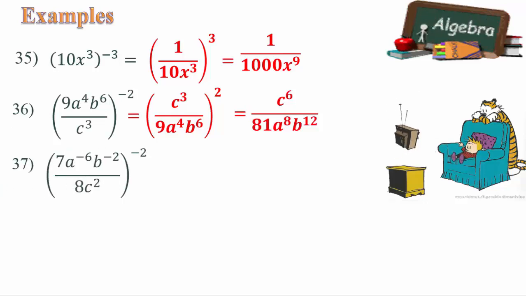In number 37, I have here a lot of negative exponents inside the bracket, and I also have a negative exponent outside the bracket. So let us work this out on the whiteboard to see how we could simplify this particular expression.